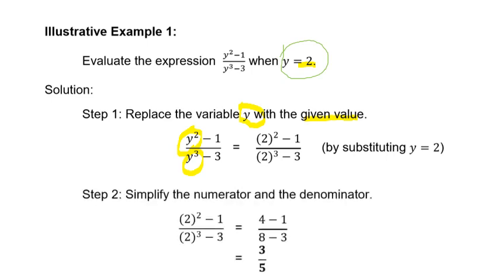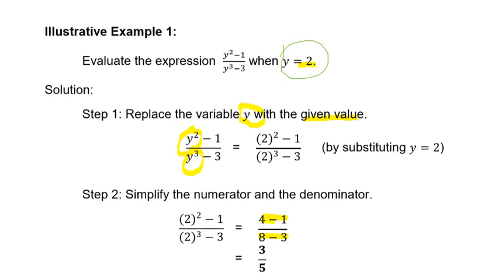Now, step 2, we just have to simplify the numerator and then the denominator. It says here that 2 squared minus 1 and 2 cubed minus 3. That gives us 2 squared is 4 and 2 cubed is 8. That gives us the expression 4 minus 1 and 8 minus 3.